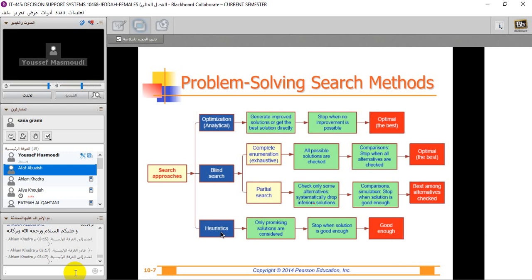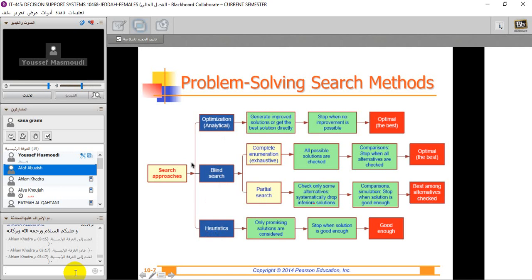This solution will be considered good because we find it in a regular time, in a time that we can access, not like the optimization, where we need too much time. In heuristic, it's reasonable time, and you will find a good enough solution.